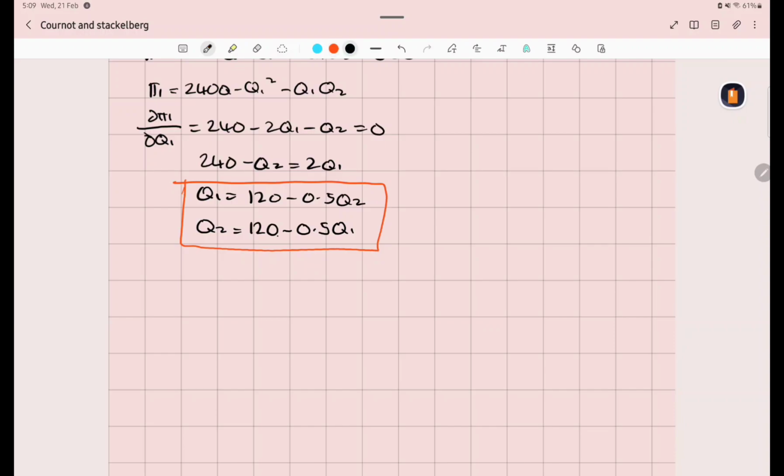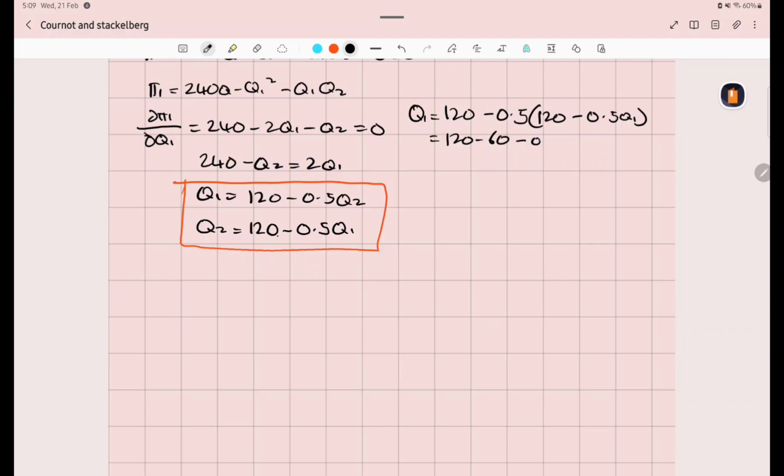So for the Cournot, let's substitute in (120 divided by 2). Oh no. It's 60. That's 60. I did that very quickly in my head.